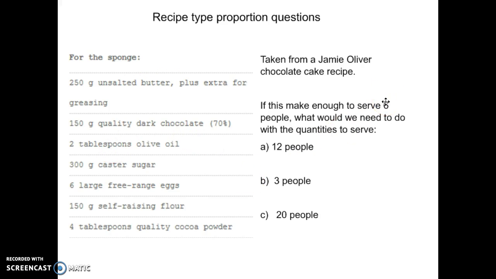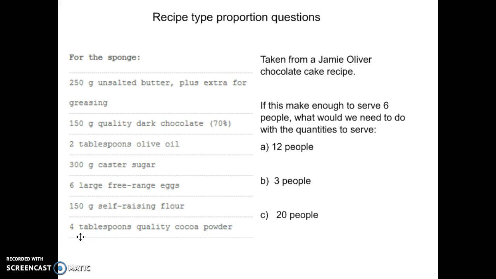Similarly, we look at the 6 and the 3, and we see that if we want to make it for half the number of people that the recipe serves, then we are going to halve all these quantities. I'm not going to try and read them all out again. Just look at all these numbers and halve them.